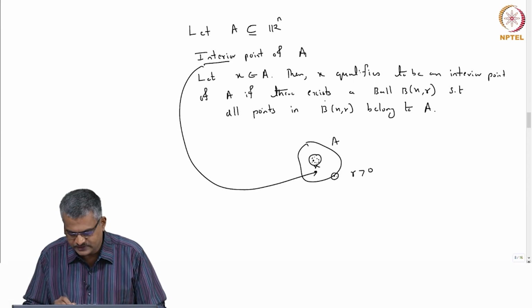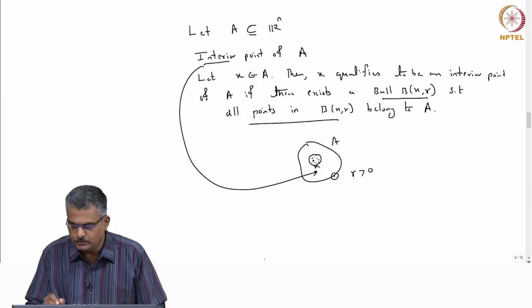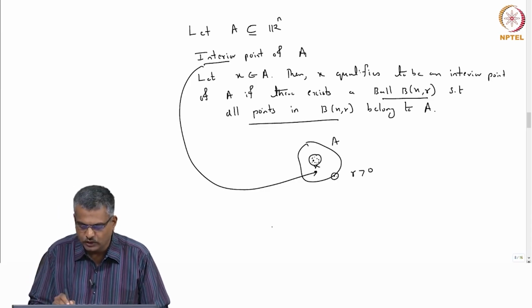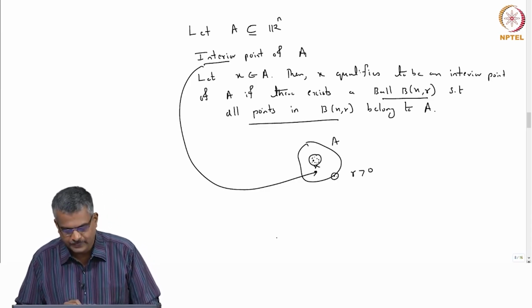However, things are nice inside the set, nice in the sense that you will be able to come up with a ball such that all points in this ball belong to A.